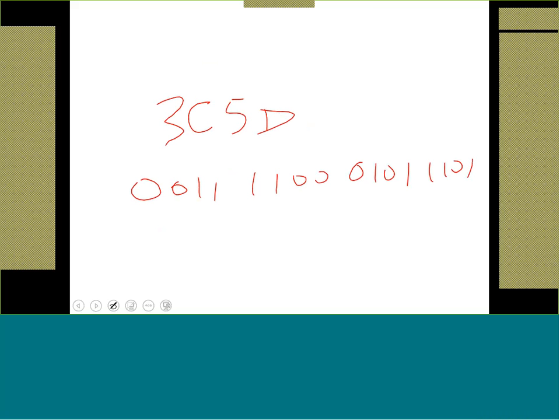Hold on. How did you figure out that the C is 12? Because hexadecimal is 0 through 9, A through F. A is 10, B is 11, C is 12. Remember that? D is 13.